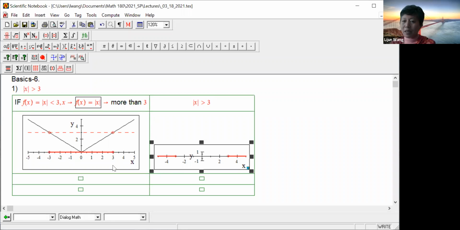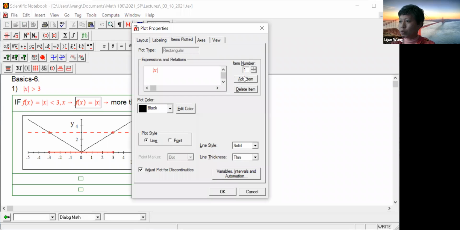To tell you the truth, I believe every one of you can draw these pictures perfectly.